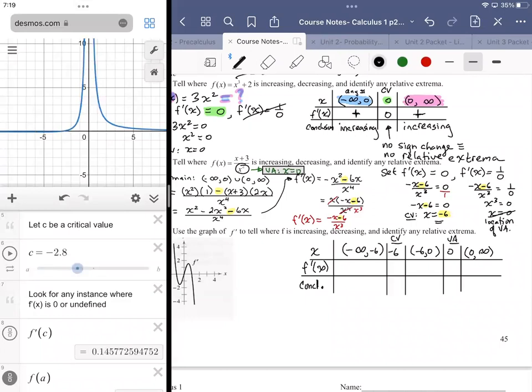So in fact, we can start labeling that. They're negative, which means it's decreasing. We know it's going to be 0 here. Then once it hits 6, on the interval of 6 to 0, they start becoming positive. So that's increasing. Then at 0, it's undefined, but we knew that.